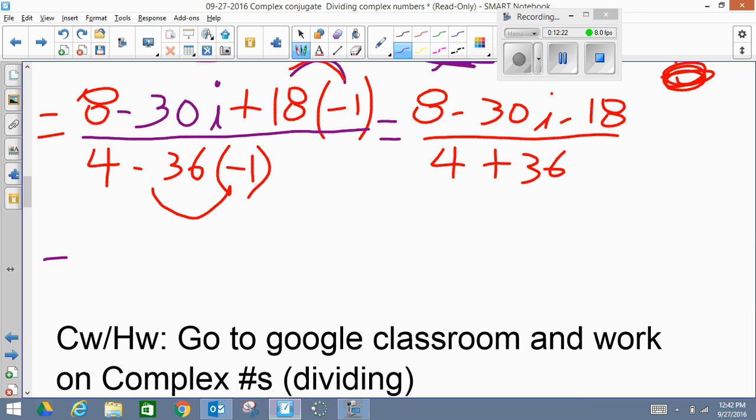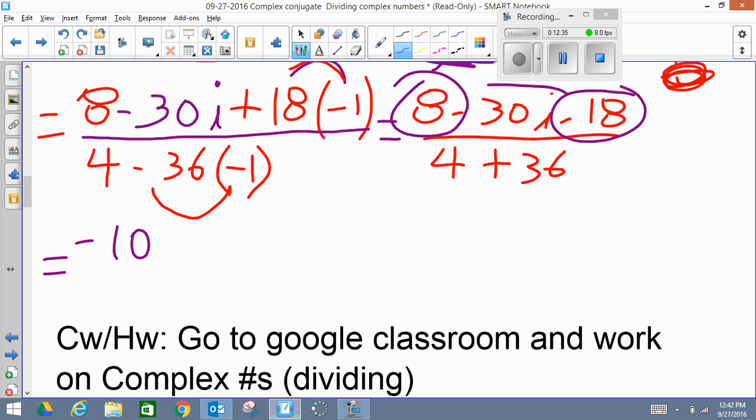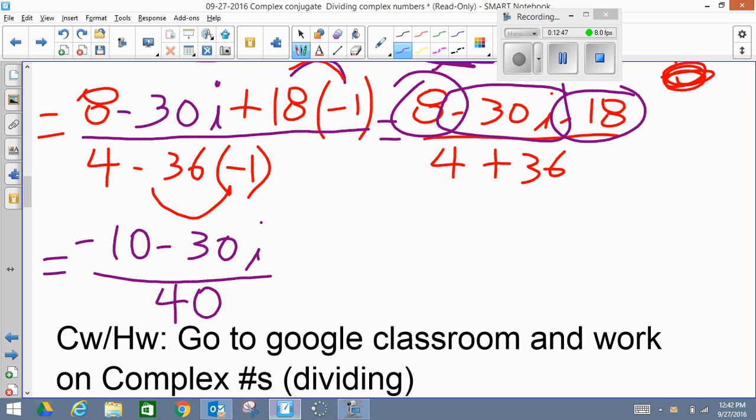Equals the top. I'm able to combine that 8 with that negative 18. So 8 minus 18, negative 10. And bring down the negative 30i. Over the bottom, 4 plus 36, 40.